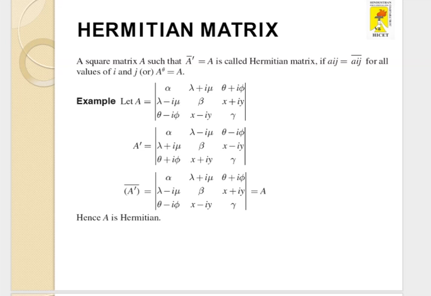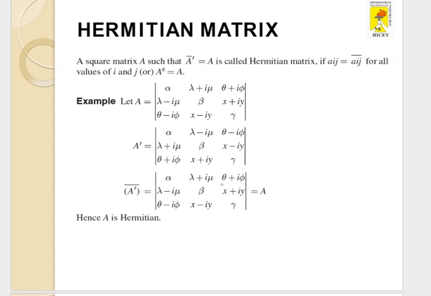A dash is transpose. That is, all the rows will become columns and columns will become rows. Next is A dash bar. That is, we have to find out the conjugate of all the complex elements. For example, here lambda minus i mu is given as the 1, 2 element. That becomes lambda plus i mu.